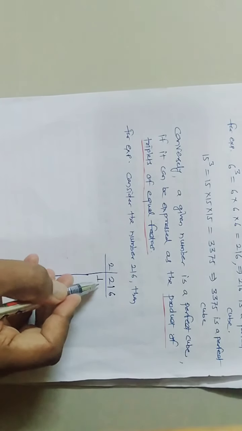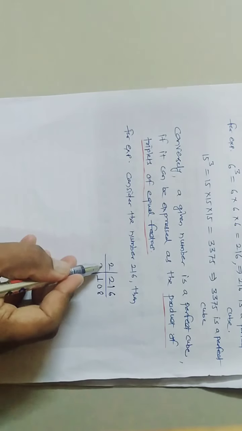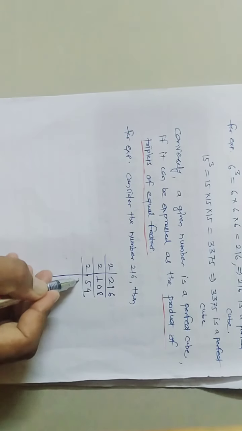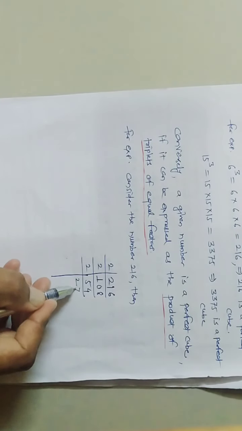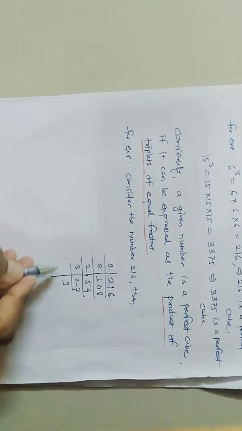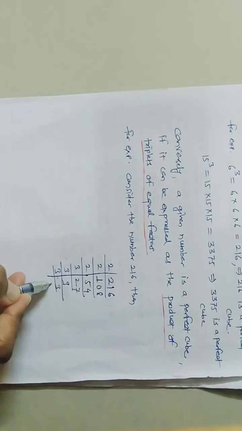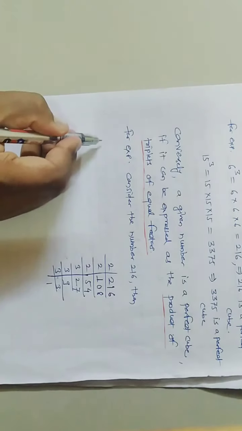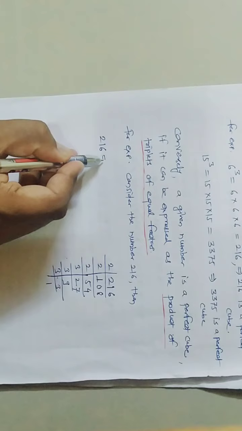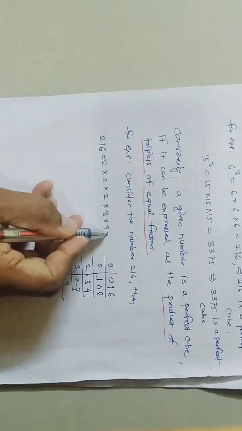So I'll write 216 is equal to 2 multiplied by 2 multiplied by 2 multiplied by 3 multiplied by 3 multiplied by 3.